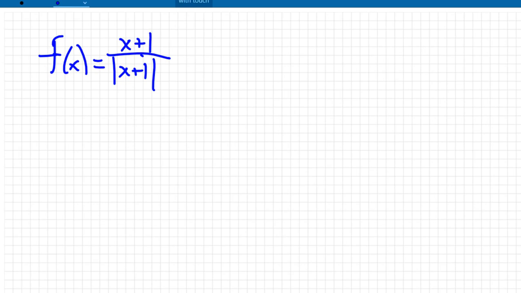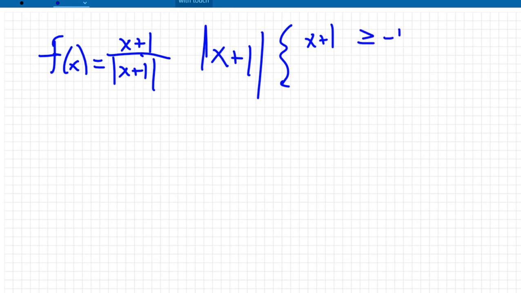That's definitely important for limits, also important for derivatives, as you'll find out as you learn about differentiation a little bit more. So let's just set up our knowledge of absolute values, or our definition. So the absolute value of x plus 1 is equal to x plus 1 as long as x is greater than or equal to negative 1.